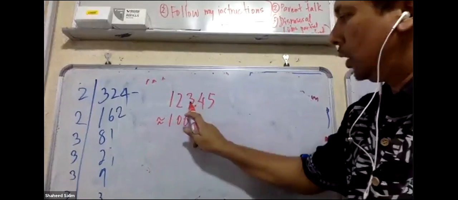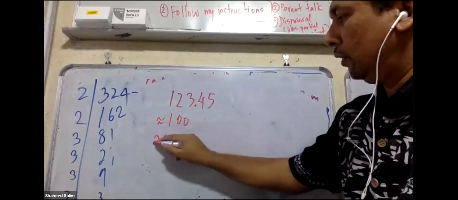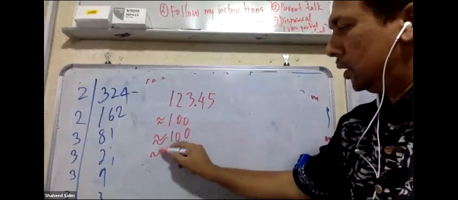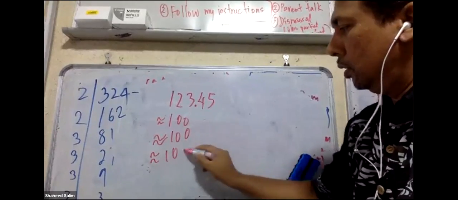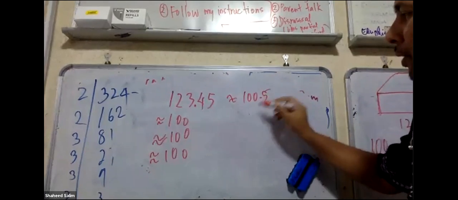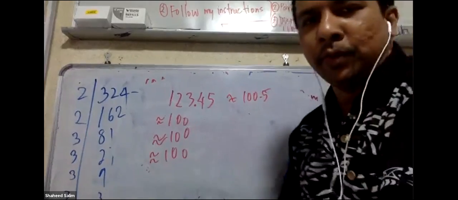Good. Two significant figures, 100. Good. Three significant figures, 100. Good. Four significant figures, 100.5. Good. All right, well done. Not bad.